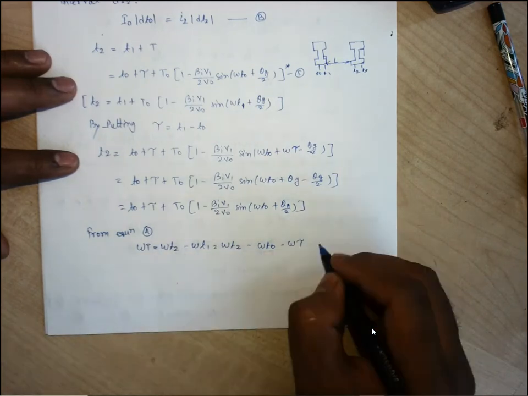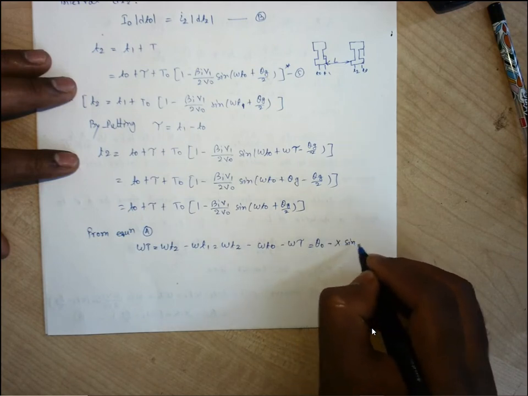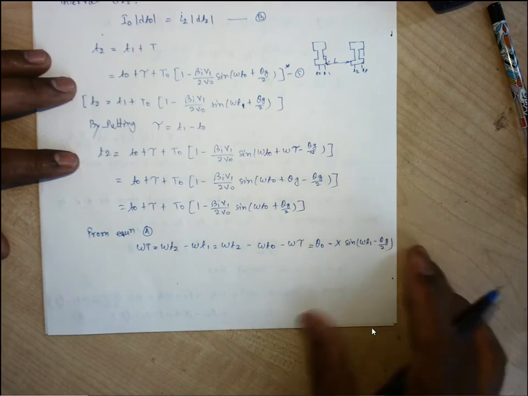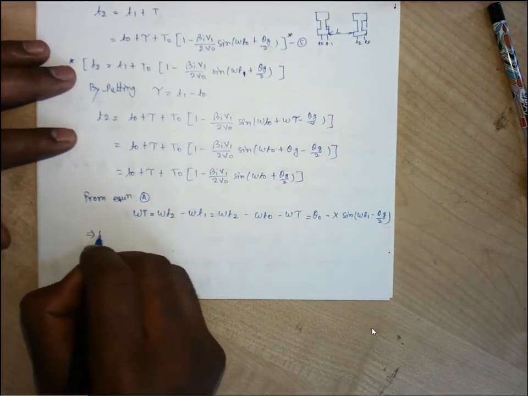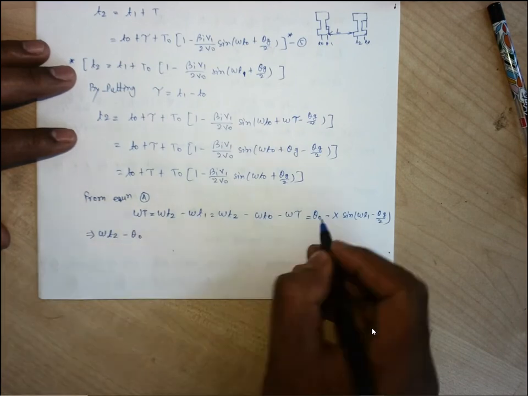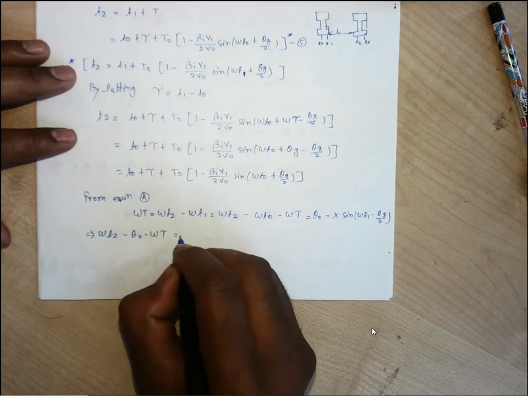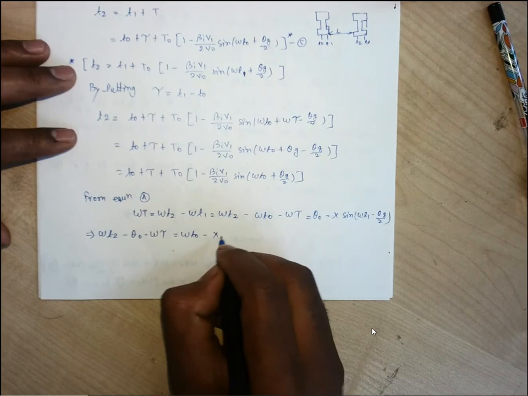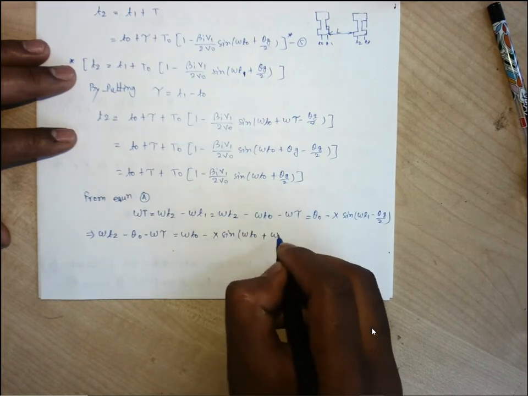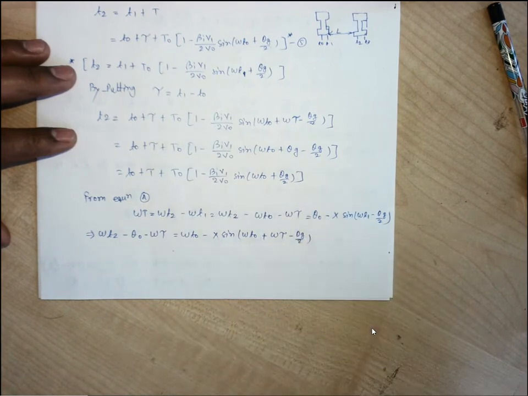So what is this omega T? It is theta naught minus x sin of omega t1 minus theta g by 2, or we can write omega t2 minus theta naught minus omega tau is equal to omega t naught minus x sin of omega t naught plus omega tau minus theta g by 2.